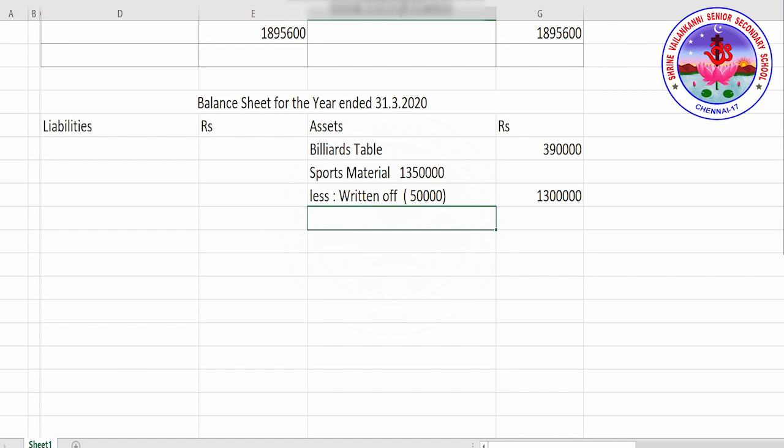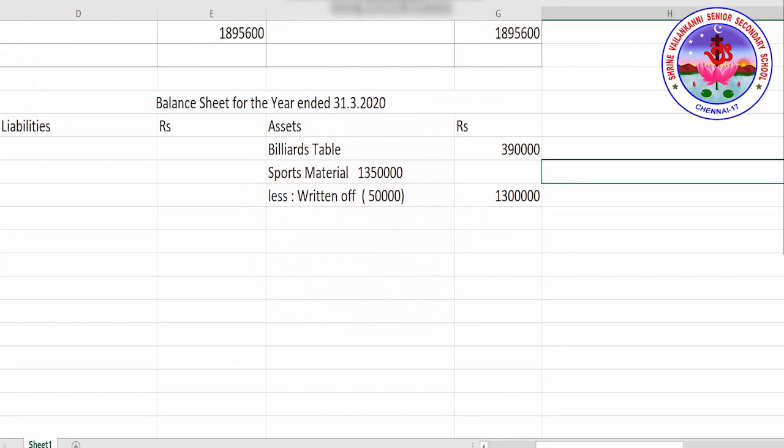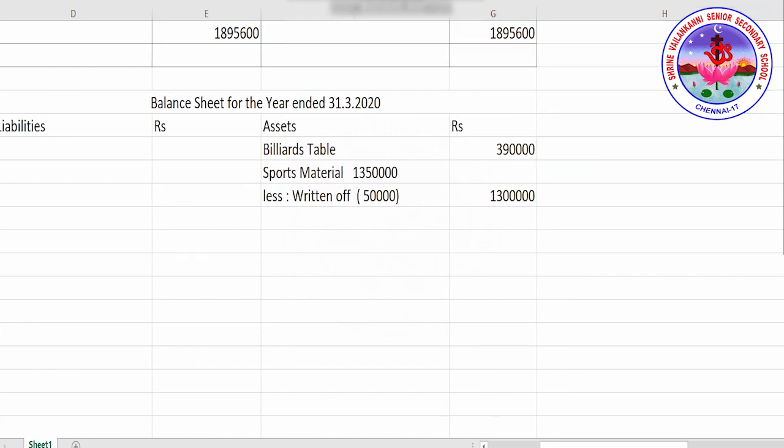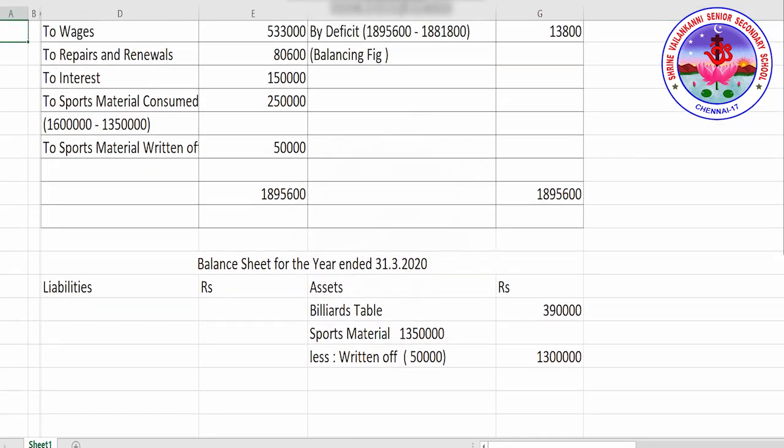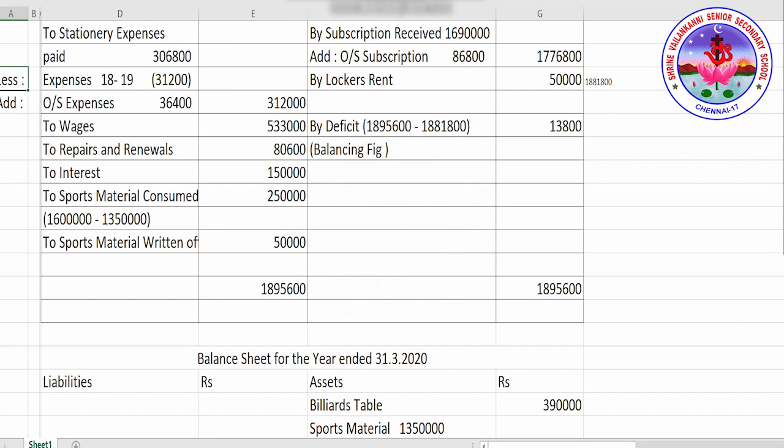The next one, we have subscriptions outstanding. Here we have subscription outstanding, can you see this? 86,800. So 86,800 outstanding subscription is added because it is for the current year.